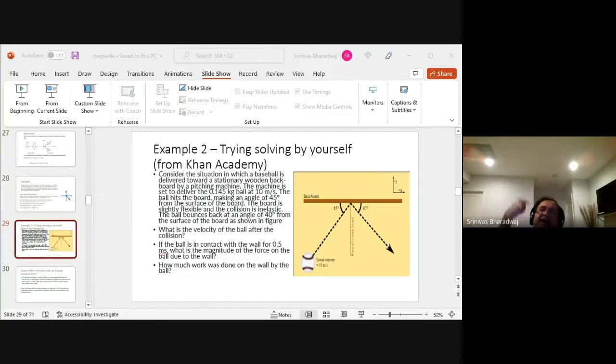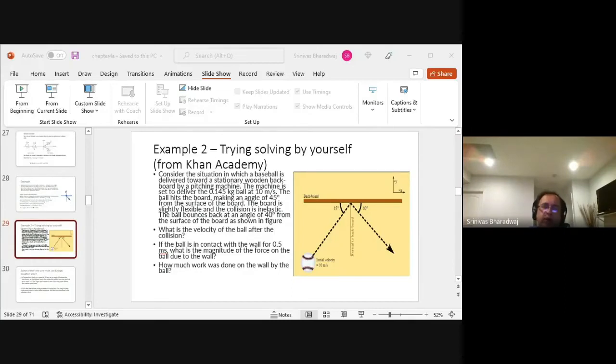The change in the momentum is the impulse. That is the impulse applied by the board on the ball, and that is the impulse also applied by the ball on the board. That change, the impulse, divided by 0.5 milliseconds, impulse by time will give you the average force.